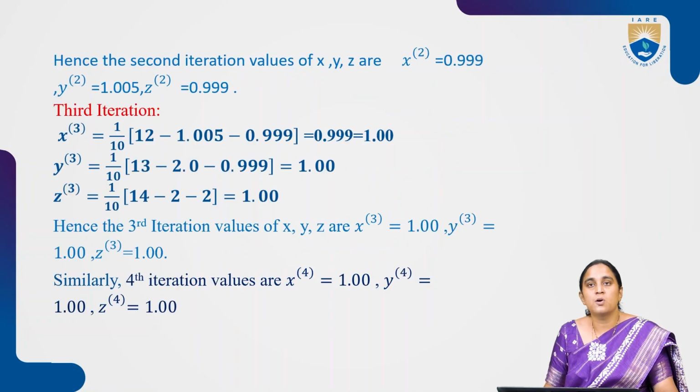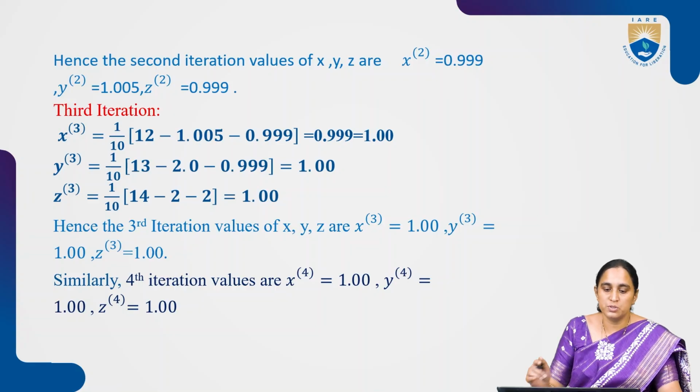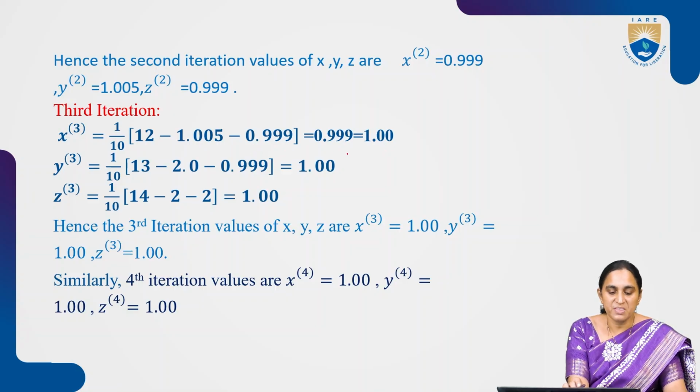Here, the values are not similar up to the second iteration. Then go for the third iteration by using the second iteration values. For x power 3, the equation is 1 by 10 into 12 minus 1.005, that is the y power 2 value, minus z power 2 value 0.999. We get 1.